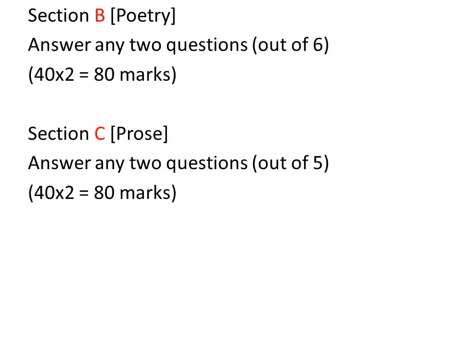You get 6 options in Section B and 5 options in Section C. You need to attempt 2 each from both the sections, and again, 40 marks for each question. So you had 40 earlier, now you have 120 plus 80, that makes it 200. And that's what the entire paper is for. The first paper of the optional subject is for 200 marks.